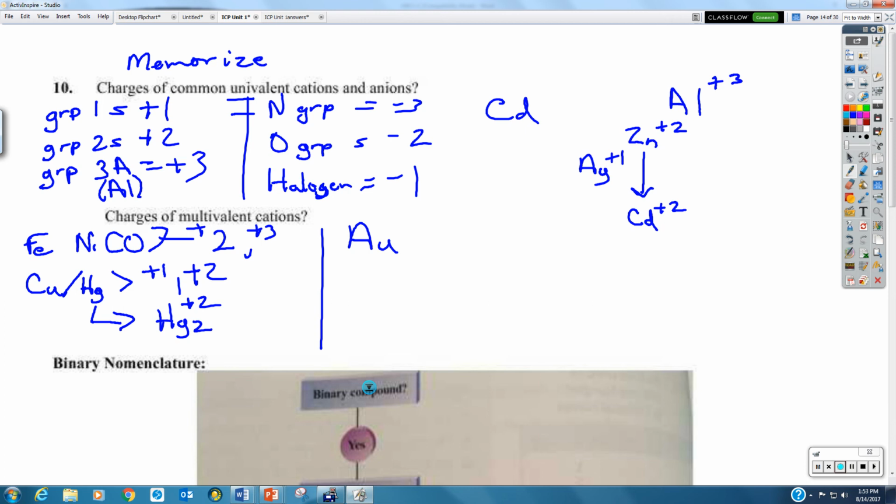All right. Gold is multivalent. Does anybody know the valences of gold? +1, +3. That's not D. This should be a B, right? Tin and lead are +2, +4, and then is that antimony?